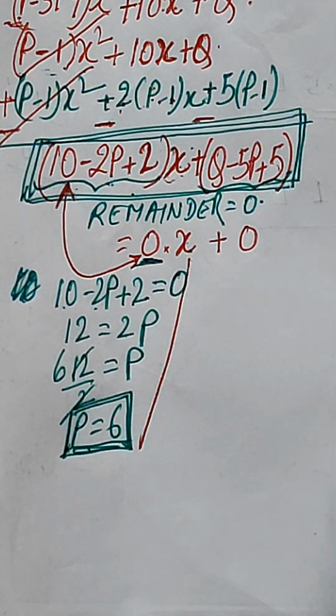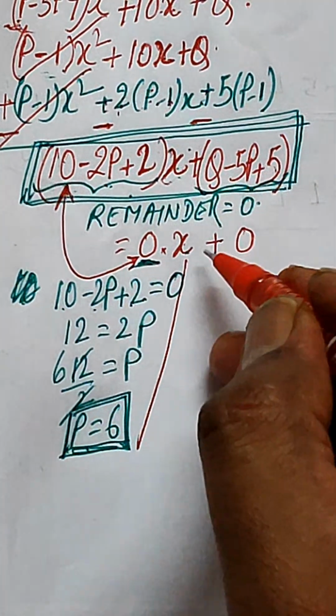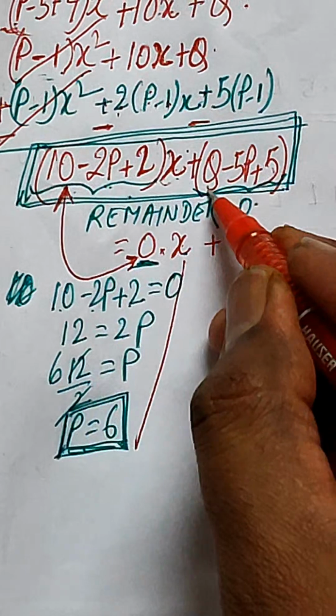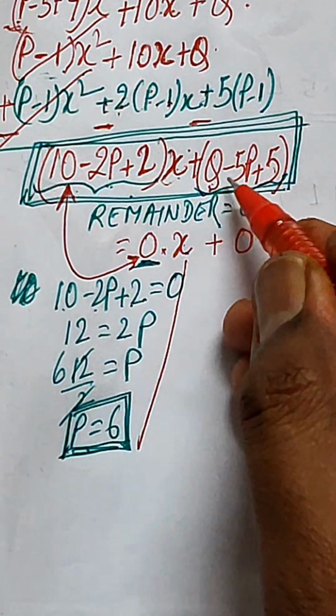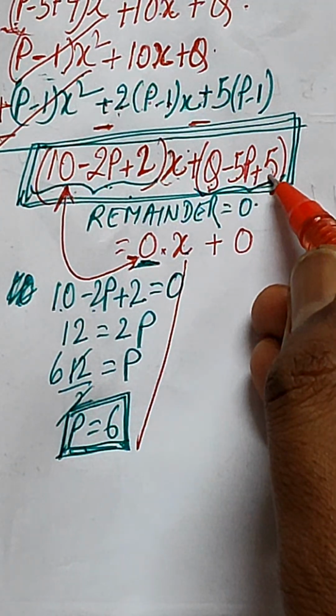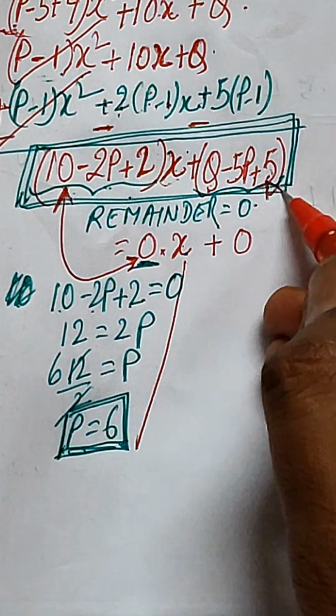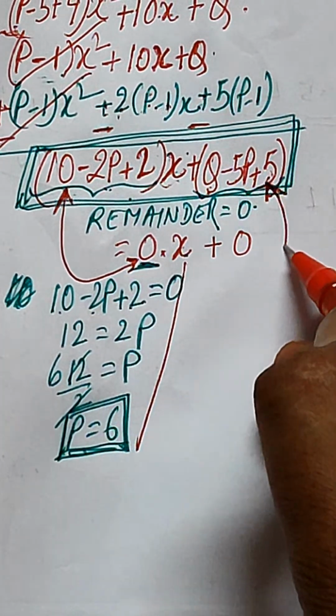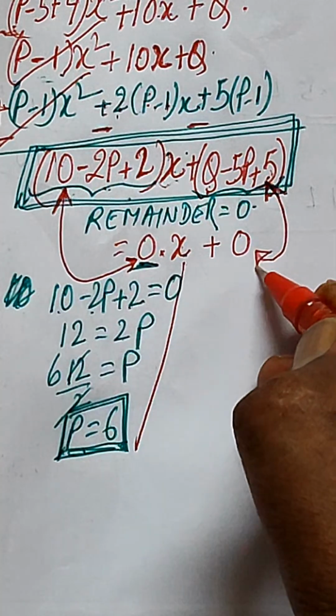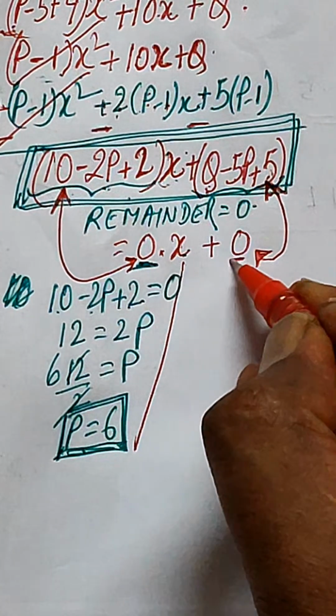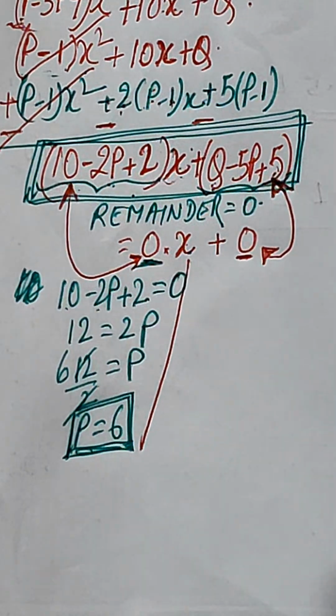Now you need to equate the constant terms also, that is q minus 5p plus 5. This needs to be equated with the constant term of the RHS. So here this one, right?